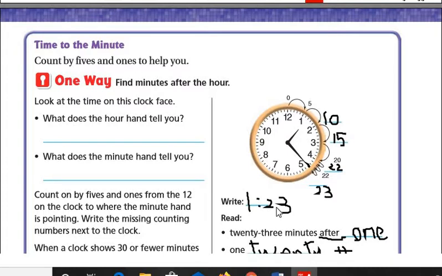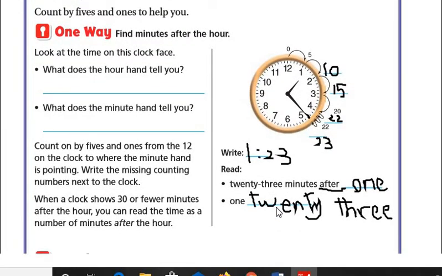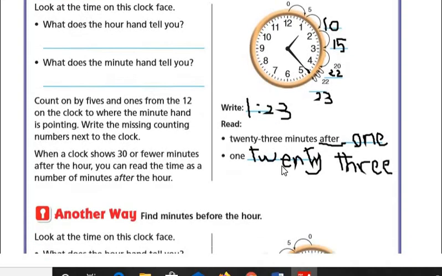How can we read or write it using words like this? 23 minutes after 1. Or 1:23. It's 1 o'clock, 23 minutes. Okay, easy. Any problem? Till now we didn't say something new except counting by minutes.